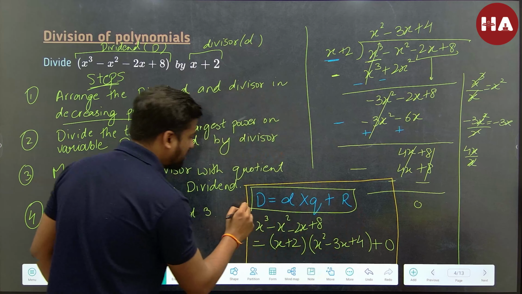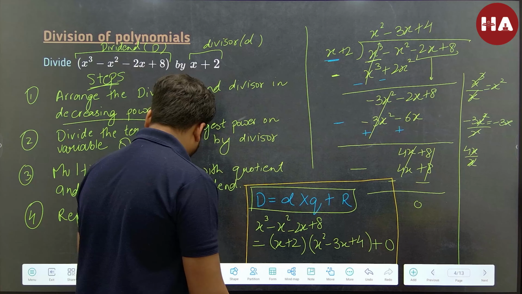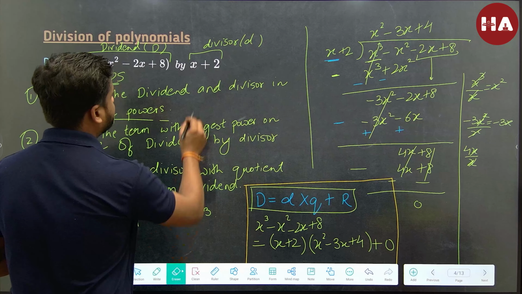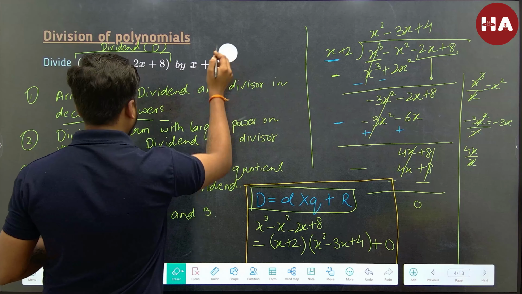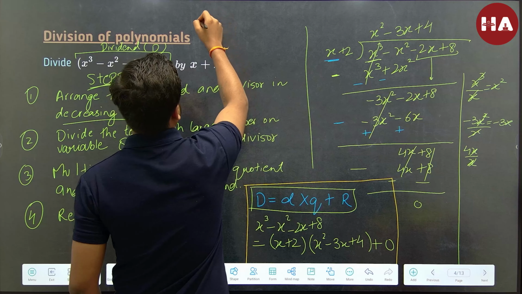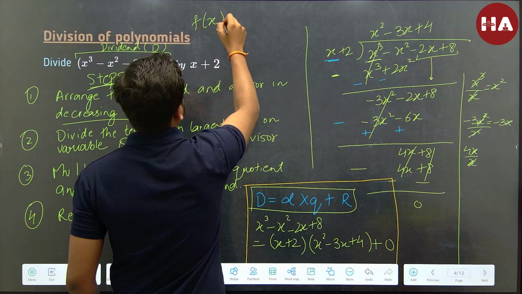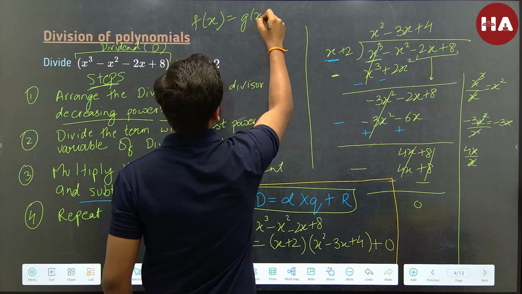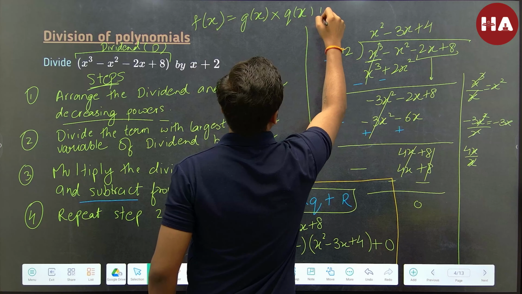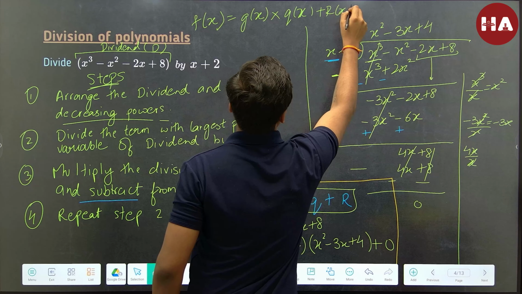In some of the books you might find it written as f(x) equals d(x) times q(x) plus r(x).